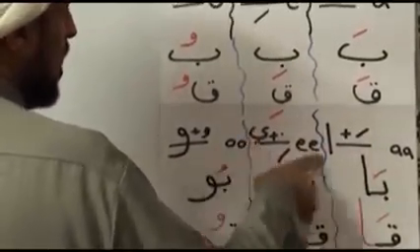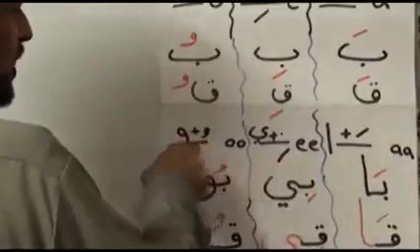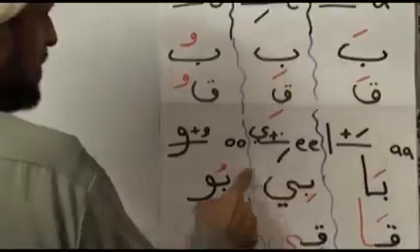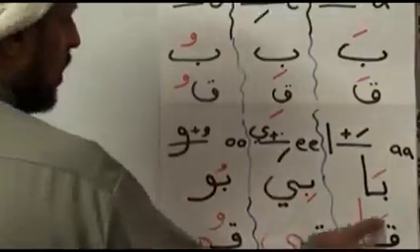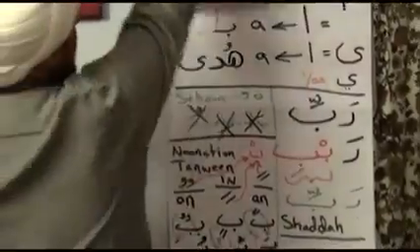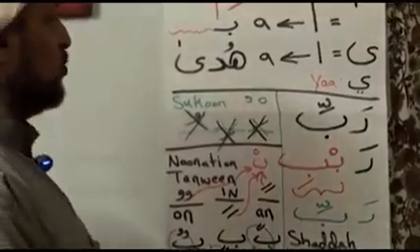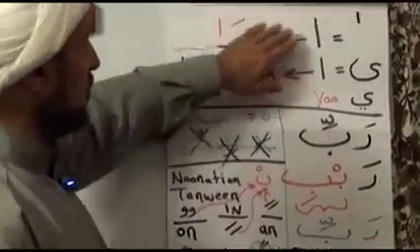An i sign with ya becomes e. A u sign with waw becomes u. Ba, bi, bu, qa, qi, qu. And finally, we showed you that alif has different forms in the Quran. Some of the alifs are written regular.